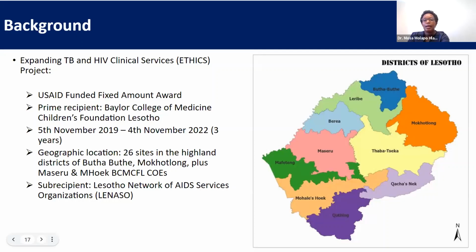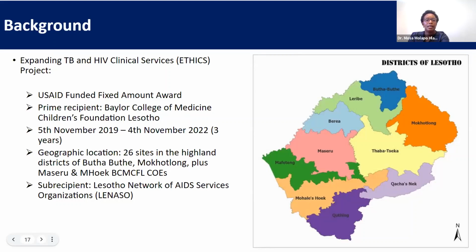So just a brief background. Baylor College of Medicine Children's Foundation Lesotho is registered in the country as a local organization, and we were among the first organizations locally to implement USAID programs directly. In 2019, we were fortunately awarded 2 big awards.